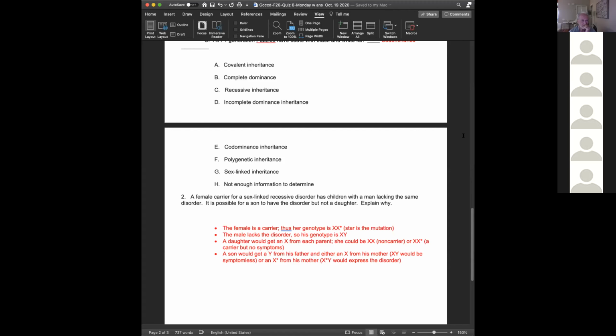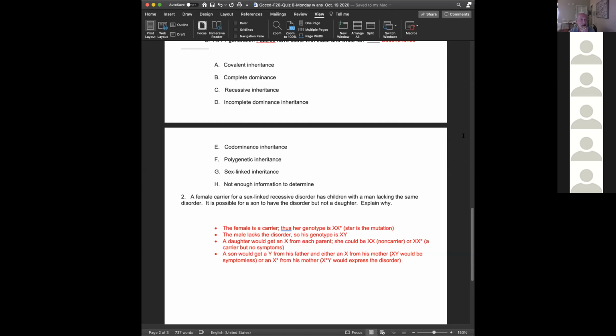So if we set up a Punnett square using the X, and in this answer the asterisk indicates the recessive chromosome, we have X star crossed with a man who is XY. If you put this out, you would see that the daughter gets an X from each of her parents.